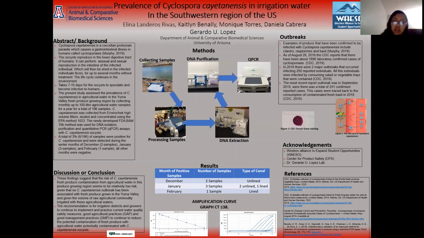The recommendation is for irrigation districts and growers to continue to implement and practice current water quality safety measures, good agricultural practices, and good management practices to continue to reduce the potential contamination of fresh produce with agricultural water contaminated with Cyclospora cayetanensis oocysts.